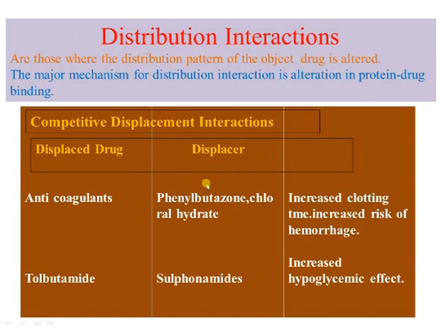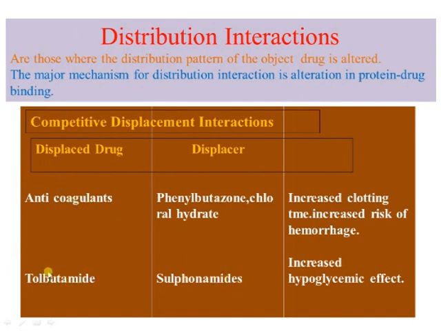Here you have drugs like phenylbutazone, which has very high protein binding. When it is given along with anticoagulants, it will displace anticoagulants from protein binding sites. Once free anticoagulants increase, it can give rise to chances of bleeding. The same appears with sulfonamides and tolbutamide.